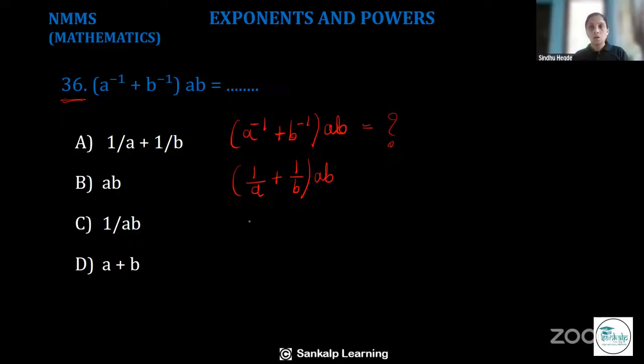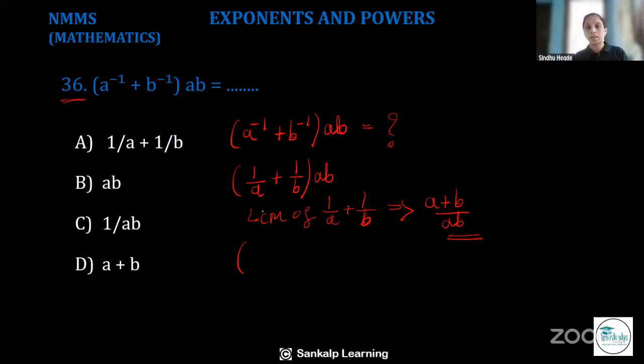Now find out the LCM for 1 by A plus 1 by B. What we get is A plus B divided by A into B. Now place this LCM term in this expression.